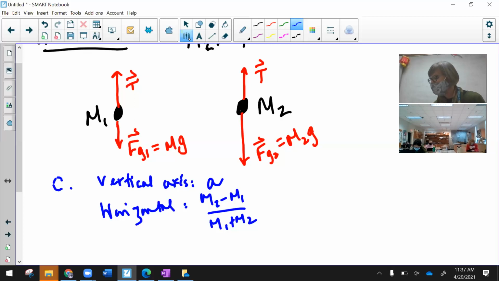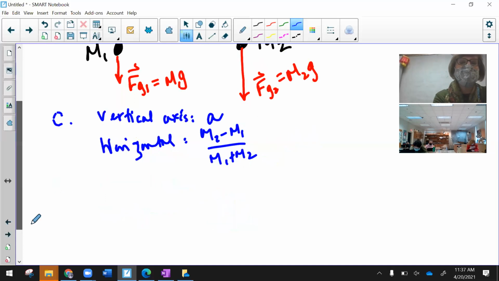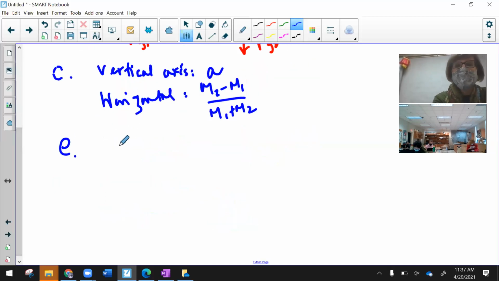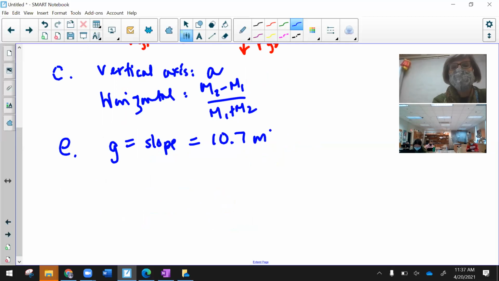And then using your straight line, determine an experimental value for G. My experimental value for G, which was the slope, was 10.7 meters per second squared. That's because that's how I drew my line. I tried to find points where my line actually either crossed the intersection of grid lines or went through like a halfway mark, so I didn't have to interpolate too much.